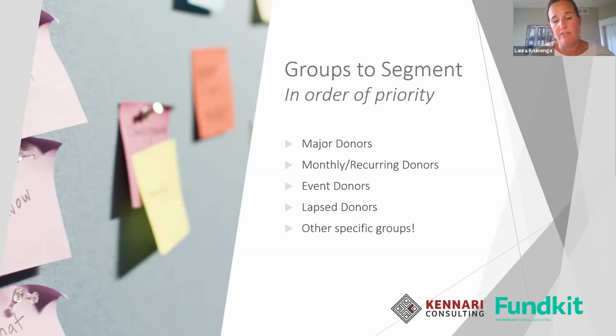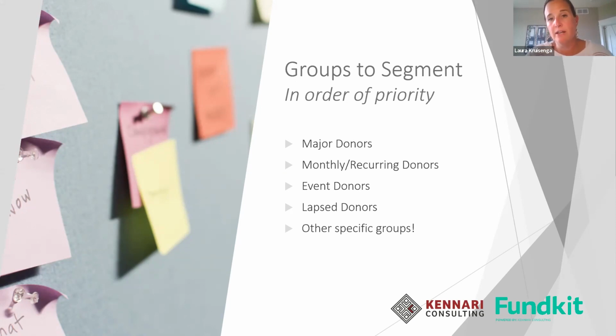And so if that is down the road for you, and you're feeling like, we don't have any segments and we don't have a lot of good data on our donors, so it's hard for us to create all these automated systems, then we want you to start here. We're going to talk in detail about each of these segments. These are the 4, and then that last one are just some other specifics we'll talk through at the end.